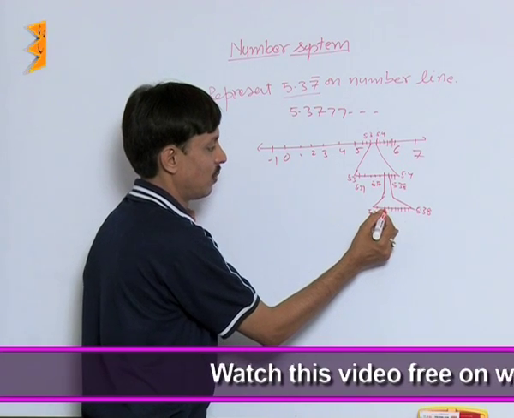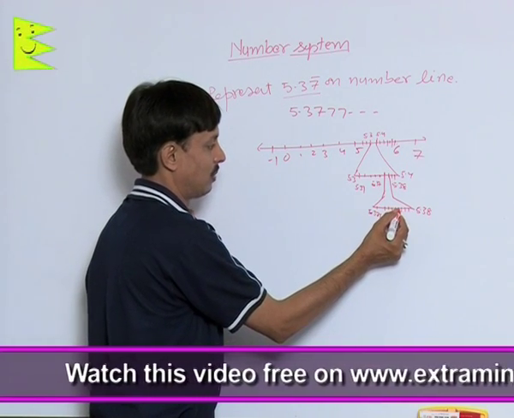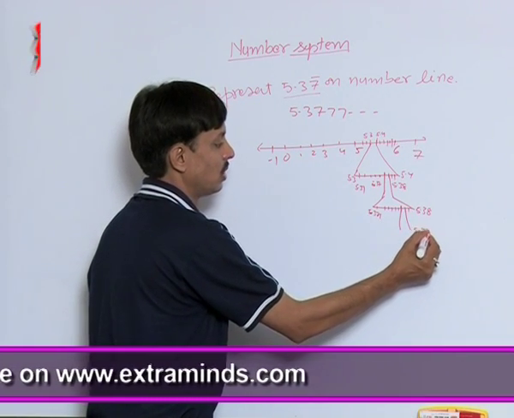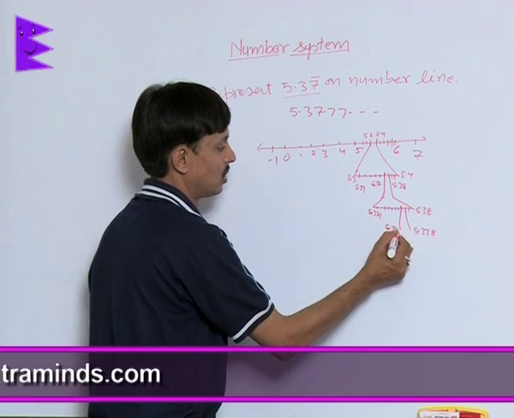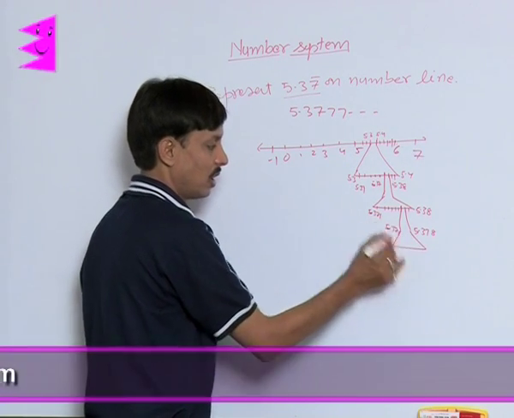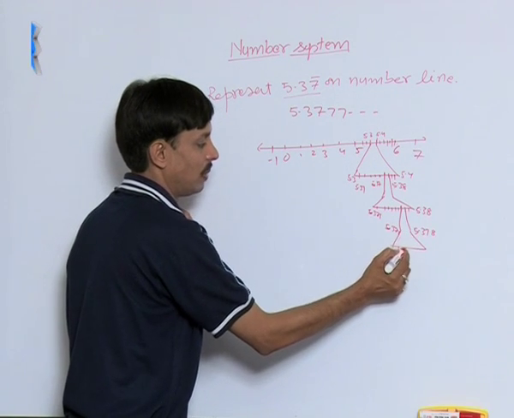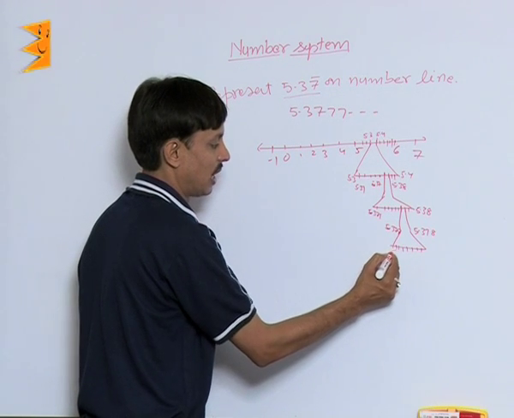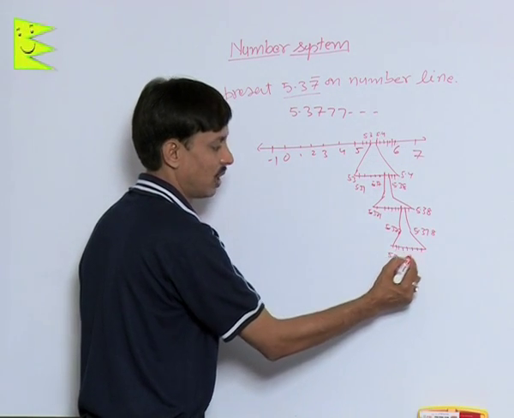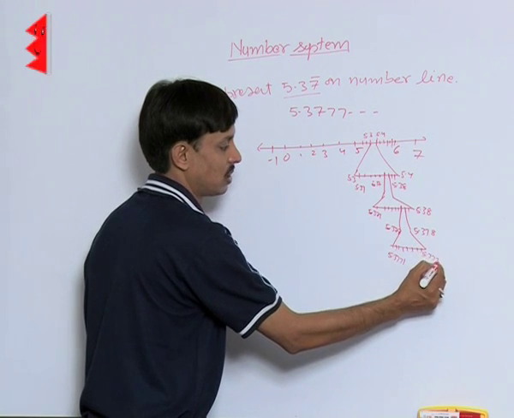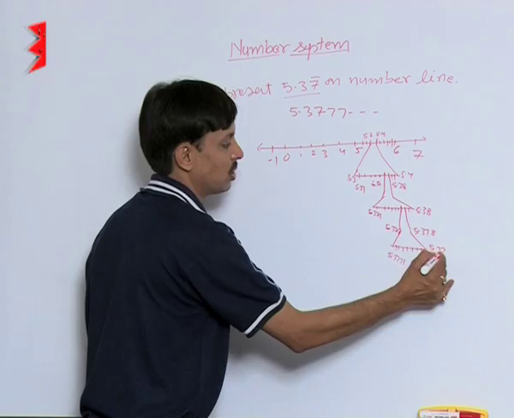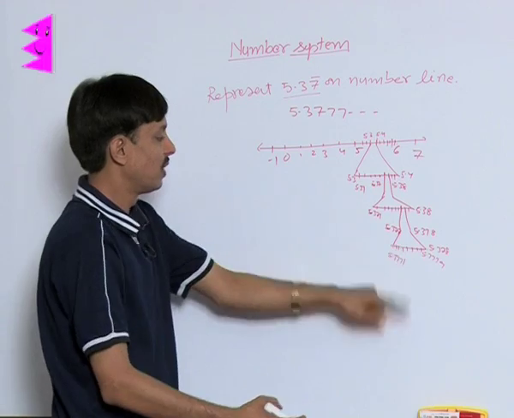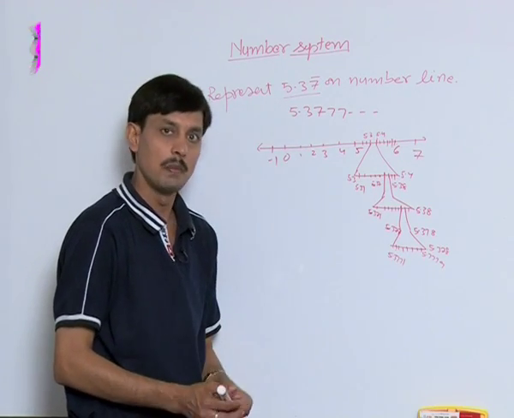So this is 5.371, 72, 73, 74, 75, 76, 77 and this is 5.378. Now we observe that there will be again 10 parts: 5.3771 up to 5.3779 and this is 5.378. So like this, by putting 2-3 more images, we say this is the value of 5.37 bar.